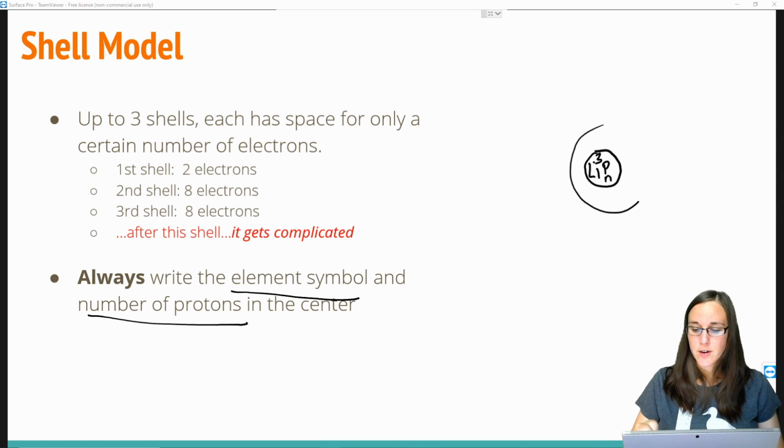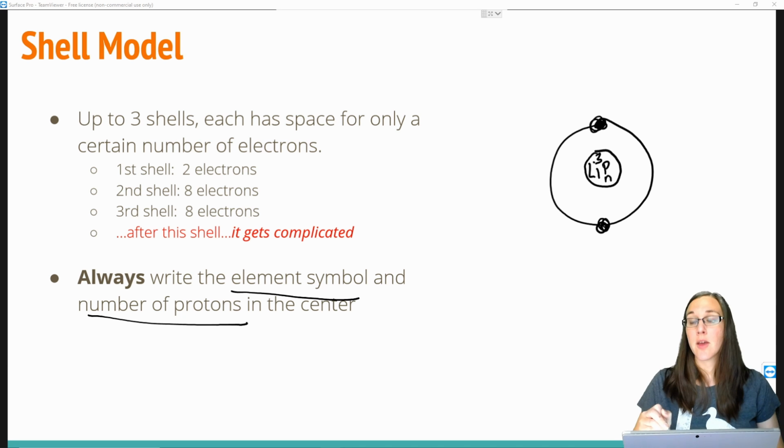In that first shell, we have 2 electrons. So we're going to play ring around the rosy. So 1, 2. You can go like that, or you can go 1, 2. Remember, electrons are negatively charged subatomic particles, so they're going to want to be as far apart from each other as possible.